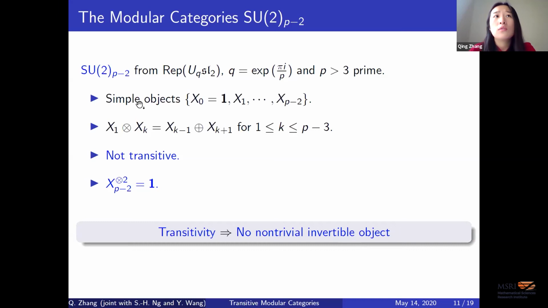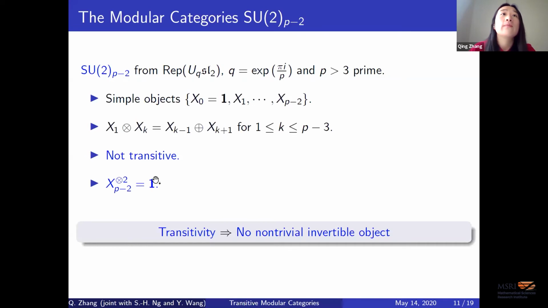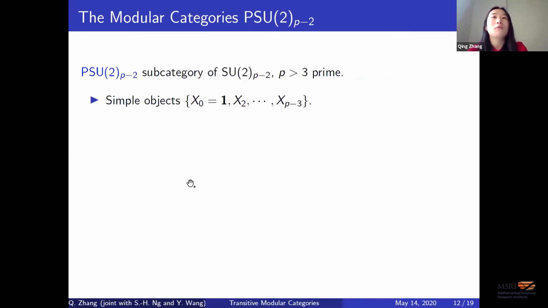Therefore, SU2 level P-2 cannot be transitive. So now we think about what happens if we throw away this non-trivial invertible part, and we get a subcategory which we call PSU2 level P-2.